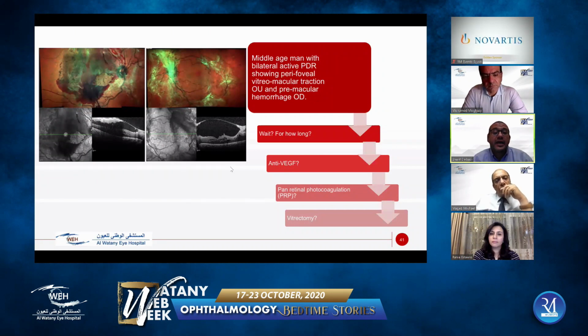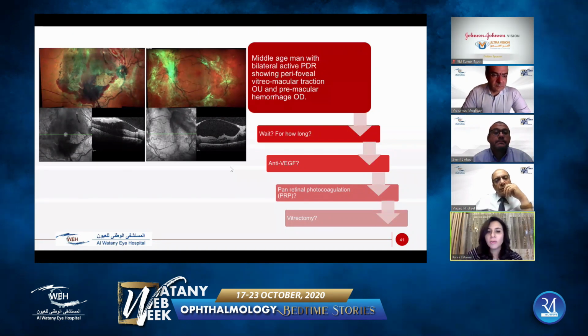So probably this left eye has good vision, it's at 0.5. So yes, I would cautiously do a PRP and follow this eye. Maybe it will evolve into more traction over the macula, and maybe not. Sometimes these new vessels become ghost vessels, and the macula stays okay. So the right eye, I would go for surgery preceded by injection, and the left eye, I would go for a PRP without injection.